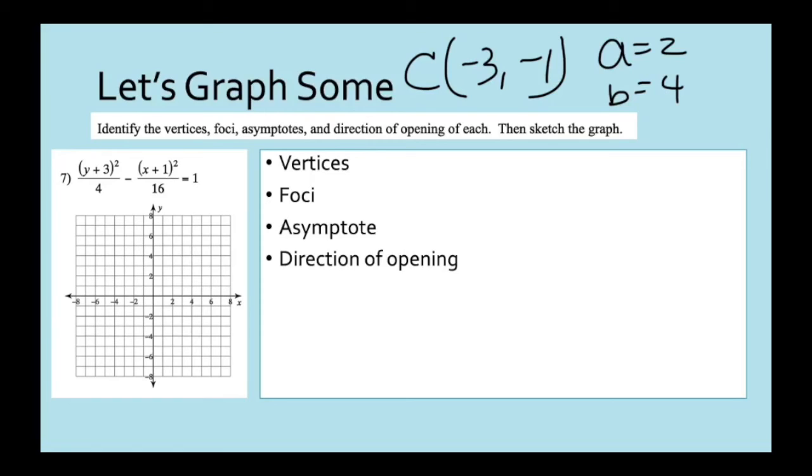All 3 of these things will help us find our box. So we're going to come to the center of -3, -1, which is right there. The a value comes from the center, and in this case, it goes up because y was listed first. So we're going to go up and down 2 from there.